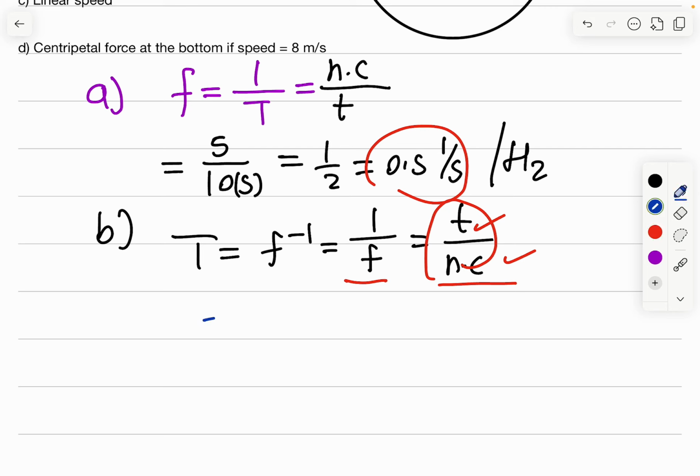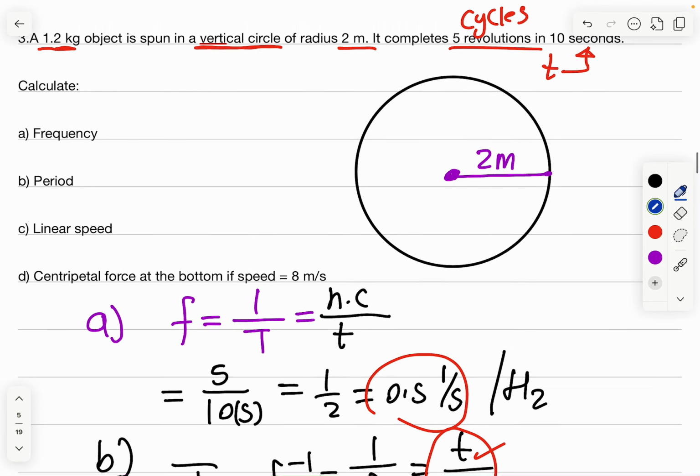The easiest is to use this formula to finish fast, meaning we are going to have 0.5. Therefore your answer is going to be what? You say 0.5, you press inverse there, then your answer is going to be 2 seconds.